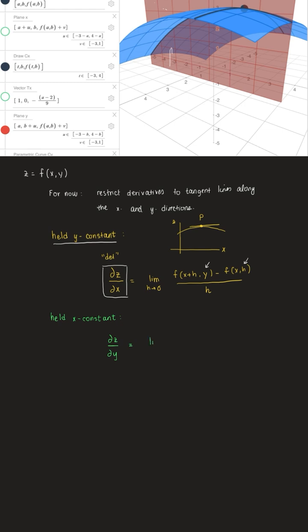And we define this as the limit, as h approaches 0, of f of x, y plus h, minus f of x, y divided by h. And note that this time, it's the x that has not changed because we are holding that constant. We're fixing it and looking specifically at how the surface changes with respect to y.